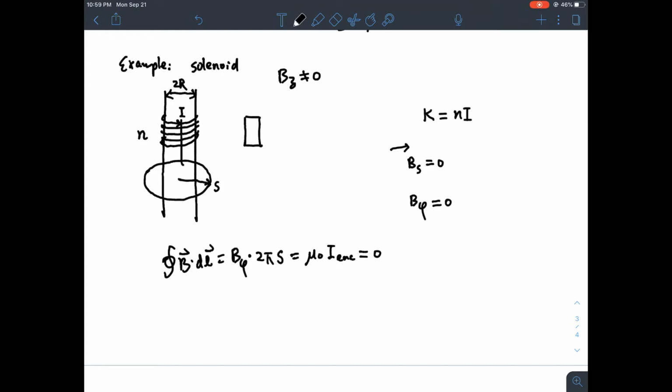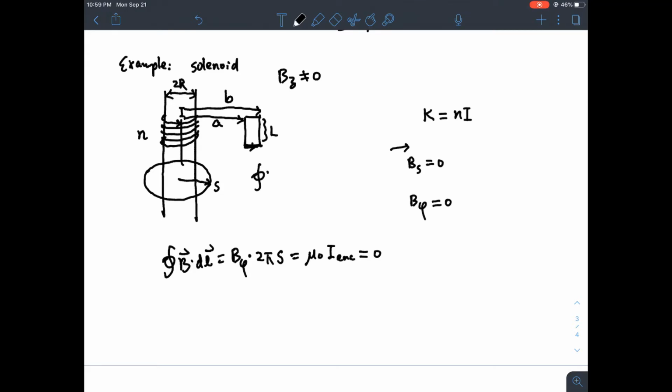Let us assume this distance is a away from here, and this distance is b away from here. Let us consider this loop, where this length is L, and we can make this width very small.